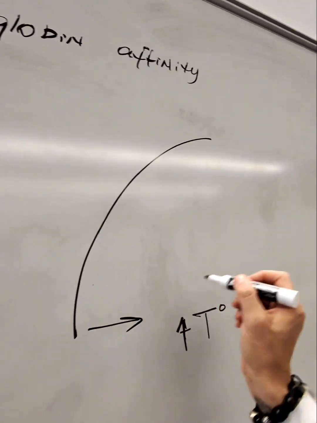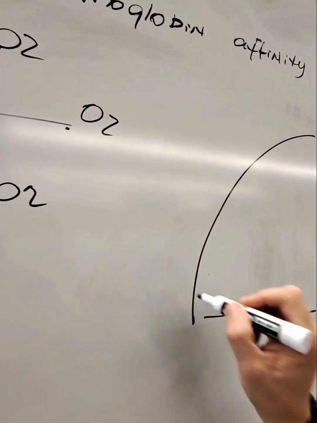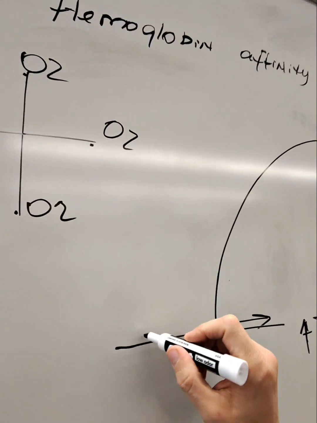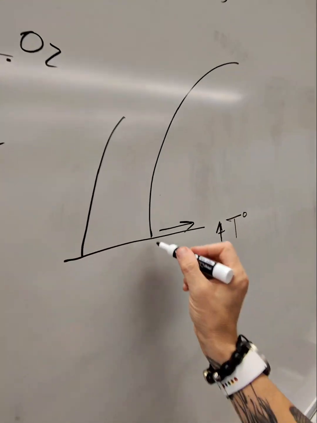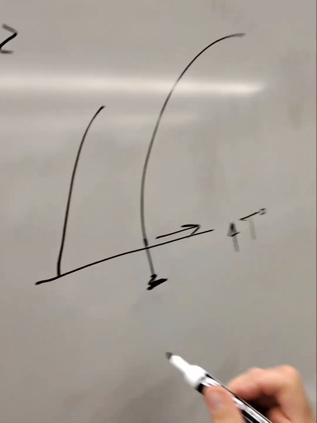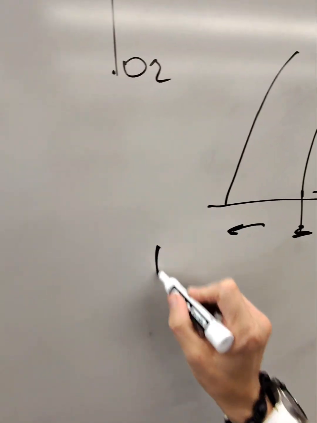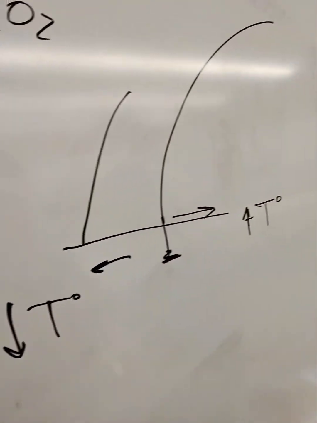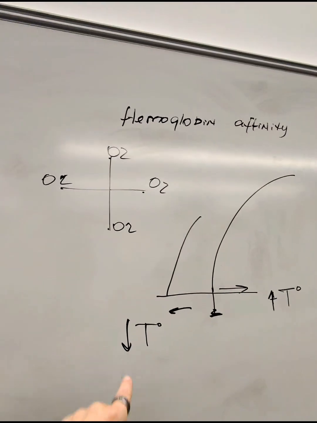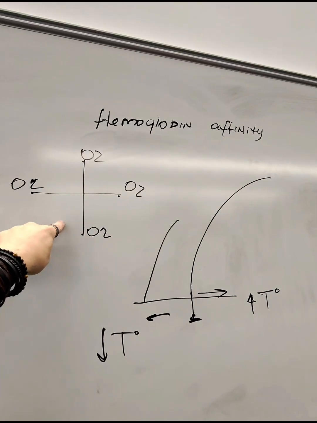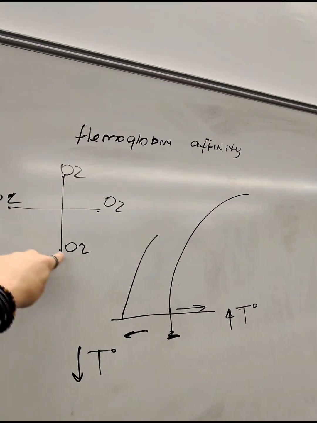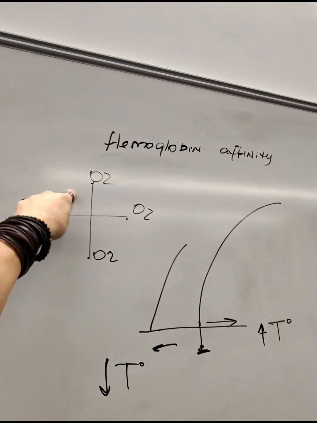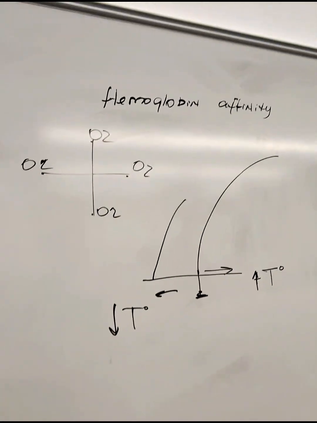When the temperature decreases, let's say on this scale we're here, so let's say that's a certain number, and here the temperature decreases. The affinity of oxygen to hemoglobin increases. It means that oxygen would not want to be released from the hemoglobin molecule.